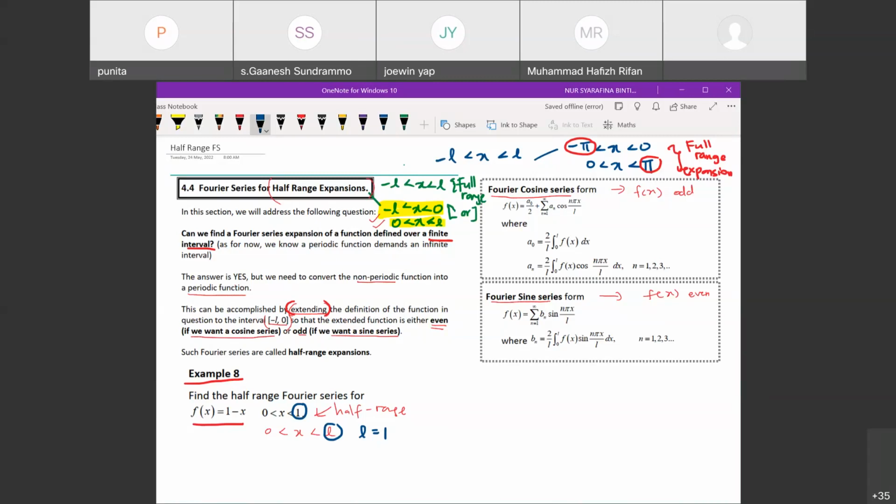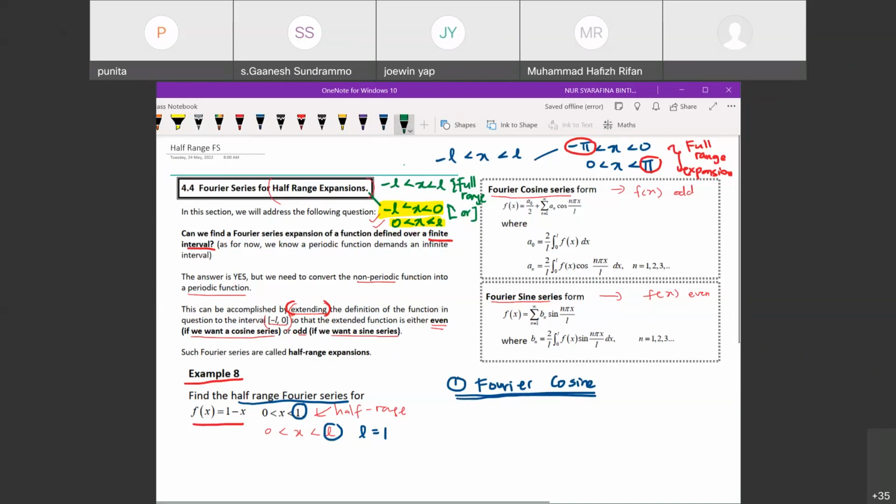So now let's try to plot. Find the half range. Find the half range means it can either be Fourier cosine or Fourier sine. So let's start with how this function can be Fourier cosine first.